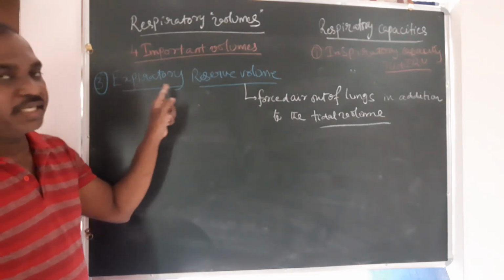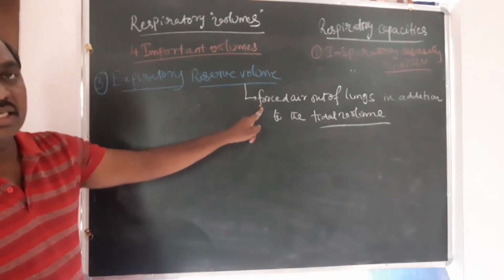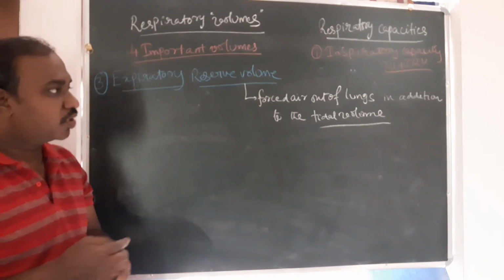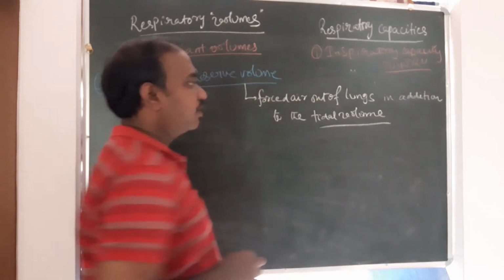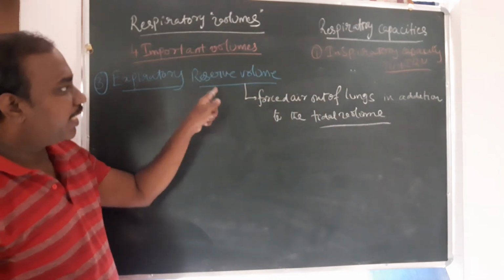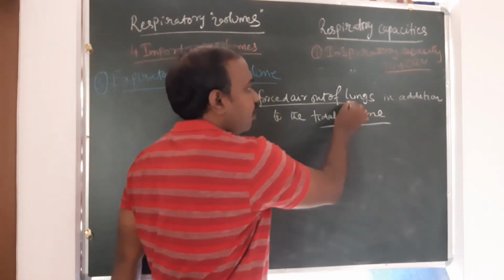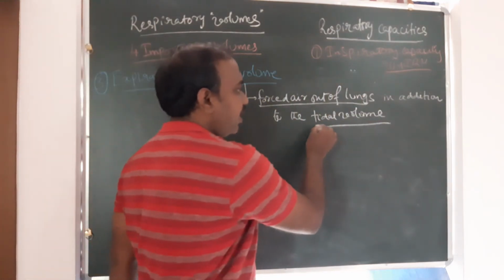In the inspiratory reserve volume, we have seen the amount of air that goes into the lungs over the tidal volume. And here, you are taking the air that is expelled out, forced air out of the lungs in addition to the tidal volume.